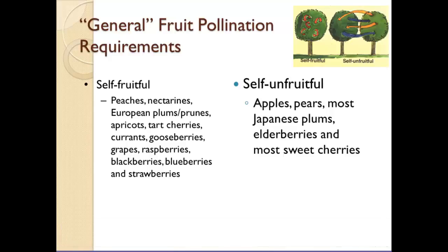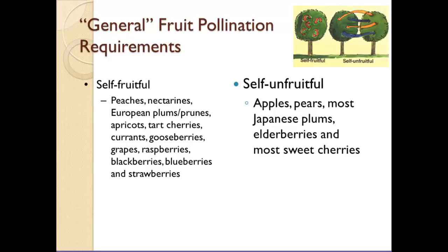Okay, very good. Okay, general fruit pollination requirements. When we talk about the term self-fruitful or self-unfruitful, it really tells you how many cultivars you're going to need to plant of each. So when we have a plant that is self-fruitful, that means that each flower is able to accept pollen from either itself, a flower on the same plant, or a flower from a neighboring plant of the same cultivar.